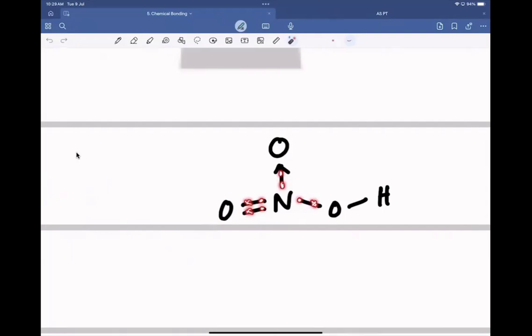So there are 3 bond pairs and no lone pair, right? Yes, sir. So here the angle is going to be 120, whether this one or this one. But the oxygen connecting with hydrogen and nitrogen, that's going to be 180, right? Yeah, that is going to be a different case. We are right now considering this as the central atom, and when I consider this as the central atom, I will say the bond angle over here is 120 and the shape is trigonal planar. Is this clear? Yes, sir.